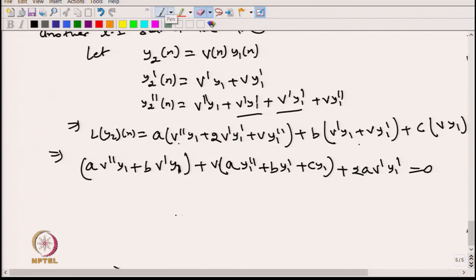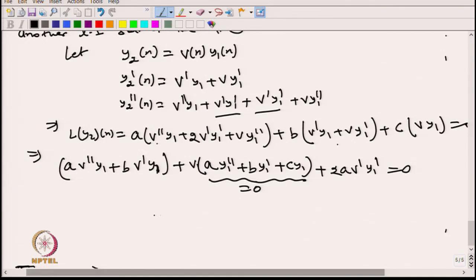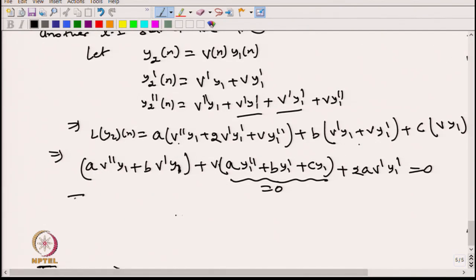And now, what about this one? This is the equation we started with, and y1 was the solution of that equation, so its value should be equal to 0. So, from here this reduced to a v double dash y1 plus b v dash y1 plus 2a y1 dash v dash equal to 0.